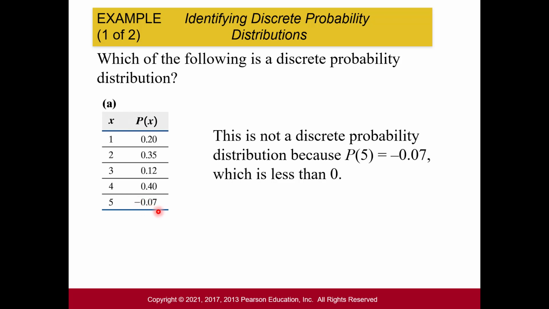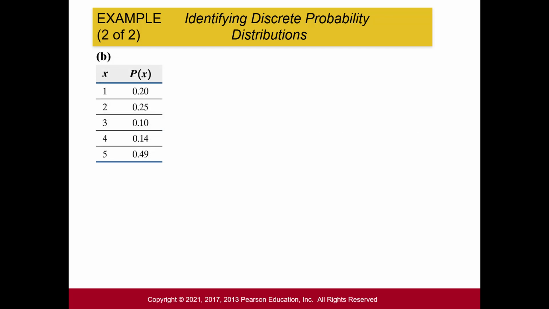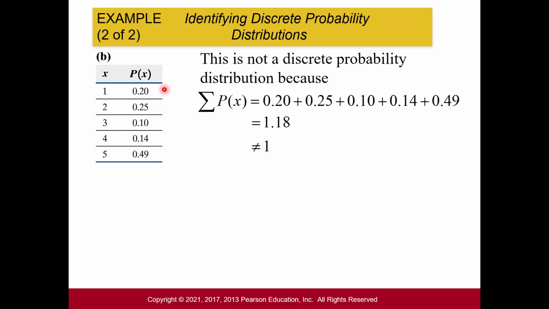So this negative value means that this is not an accurate probability distribution. How about this one? We have our random variable values, their corresponding probabilities. But if we were to add up all these probabilities, it's actually greater than 1, which can't happen. So this is also not a probability distribution.